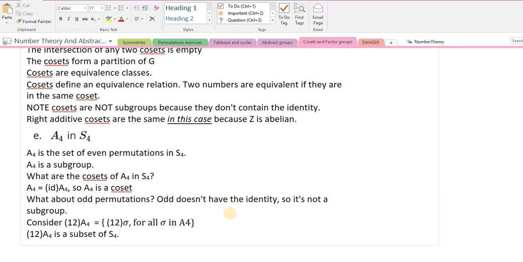Now, let's think about this subset. Suppose you take a permutation in (1 2)A4. Can you say anything about whether it's even or odd? It's definitely odd. Do you see why? I'll rewrite that assertion, and we'll talk about why.